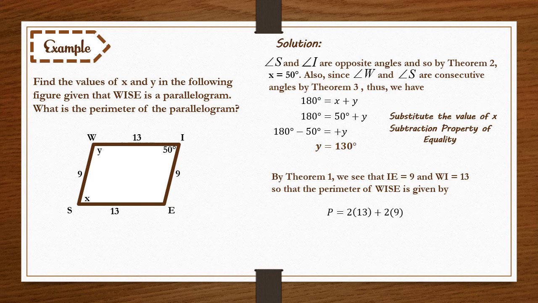Then we manipulate the equation, so we have 2 times 13 is equal to 26 and 2 times 9 is equal to 18, so we have P is equal to 26 plus 18. And then 26 plus 18 is equal to 44. The perimeter of the parallelogram is equal to 44.